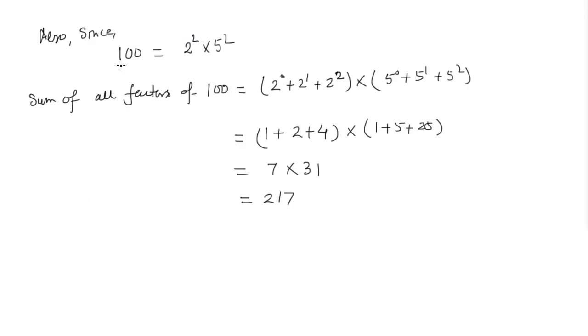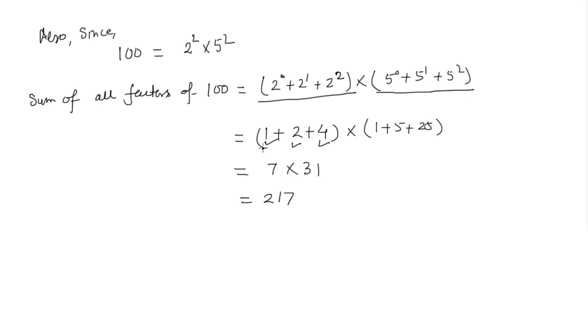Also, since 100 can be written as 2 to the 2nd power times 5 squared, the sum of all factors of 100 can be found by using the product of these numbers. The power of 2 is ranging from 0 to the highest exponent, that is 2, and similarly for 5. So 2 to the 0th is 1, 2 to the 1st is 2, 2 to the 2nd is 4, and similarly this can be written as 1 plus 5 plus 25.